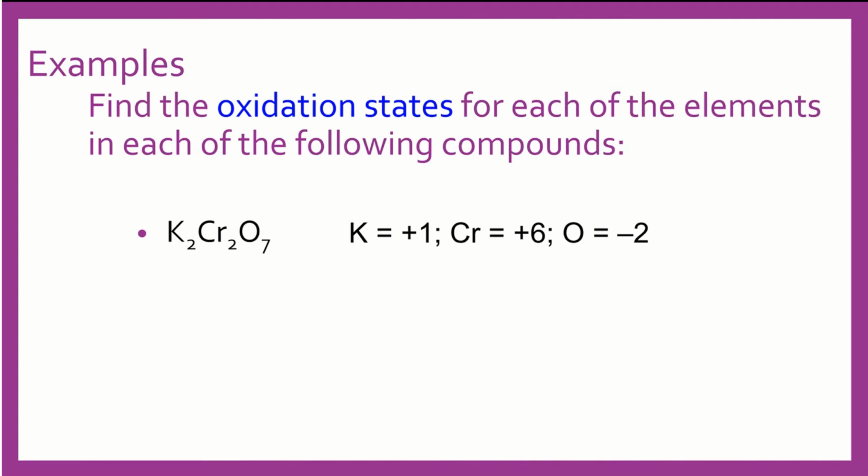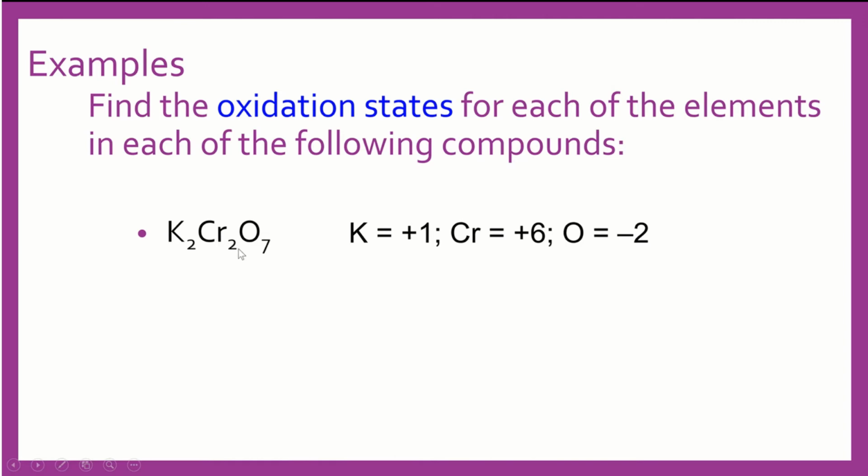Notice the charge on dichromate is -2 overall. So that means that my oxygen, with his -2 charge and 7 of them, have a total of -14. But overall, we only have a -2 charge between these two. So I must also then have +12, so +12 and -14 will give me my overall -2.